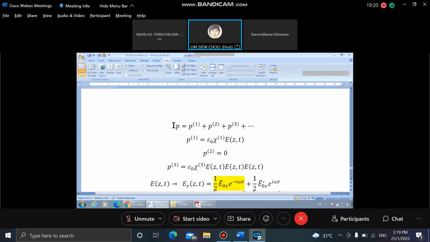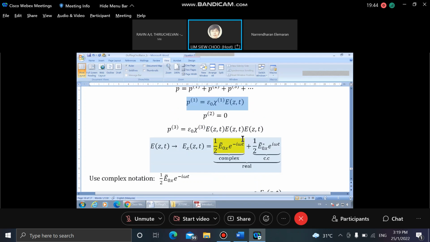So for nonlinearity, we said that P can be expanded into a perturbation series. So this is the linear P that is our usual application if the electric field is not strong enough to excite the second and the third order and so on. So in the linear case, then our P1 is like this.